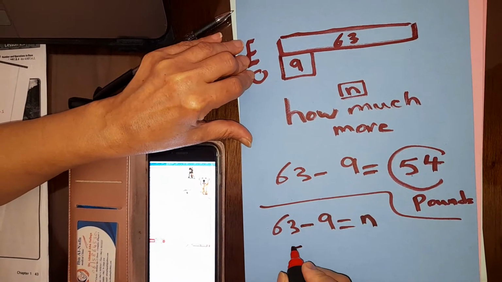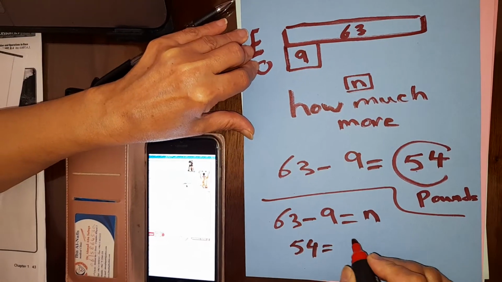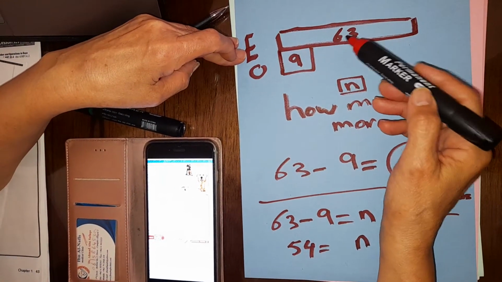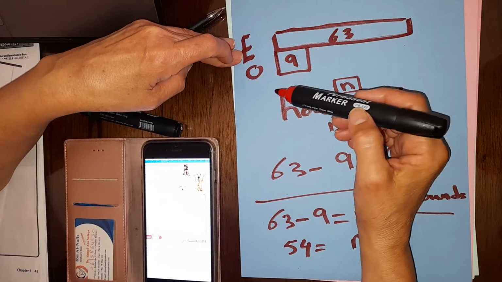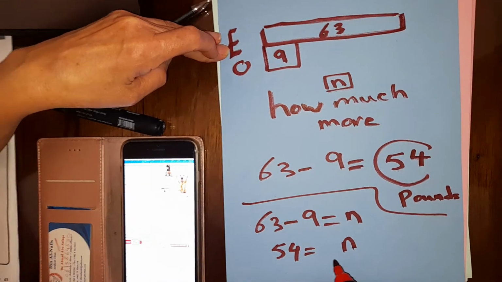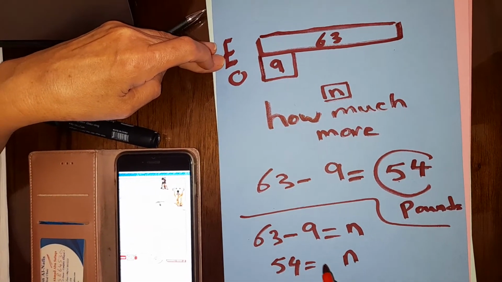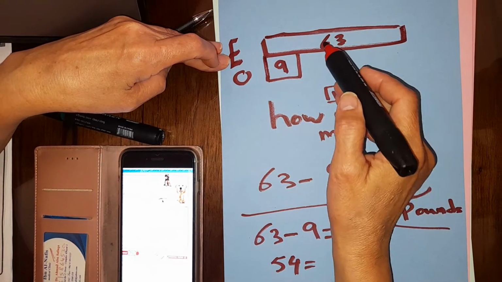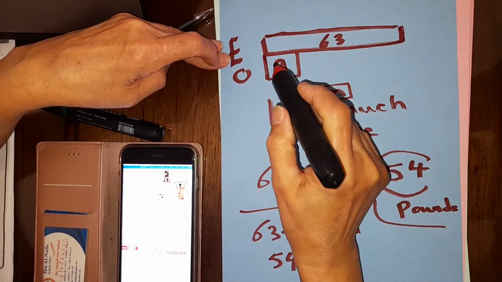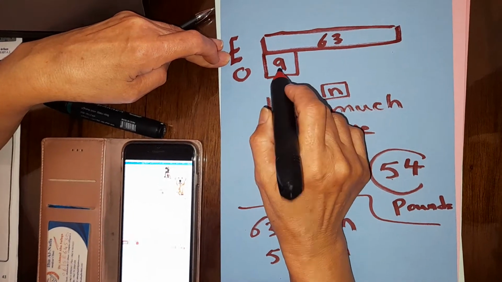Then 54 equals n. N in this question is the difference between the two dogs. So the value of n is 54. So how much more? Ivan's dog is 54 pounds more than Oksana's dog.